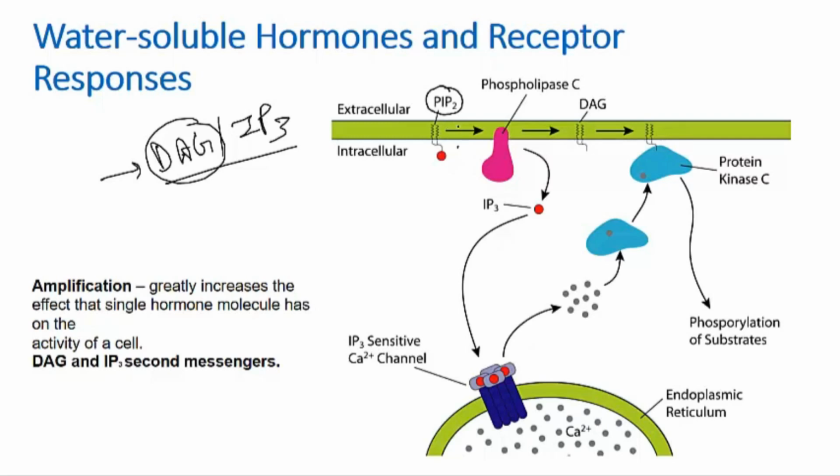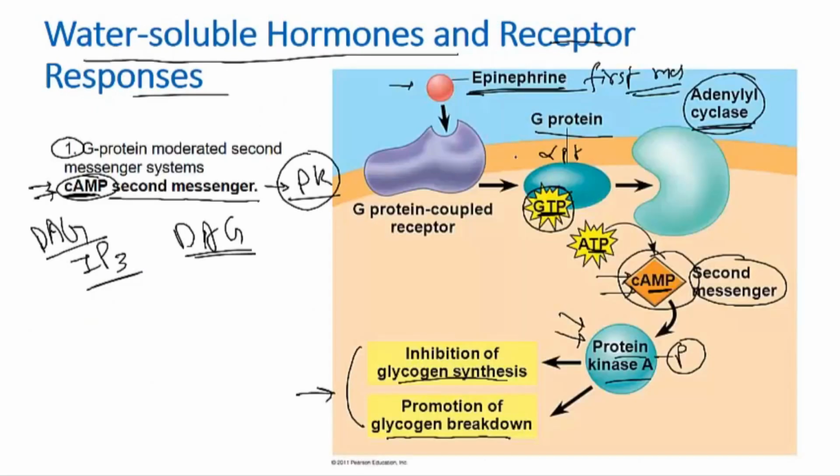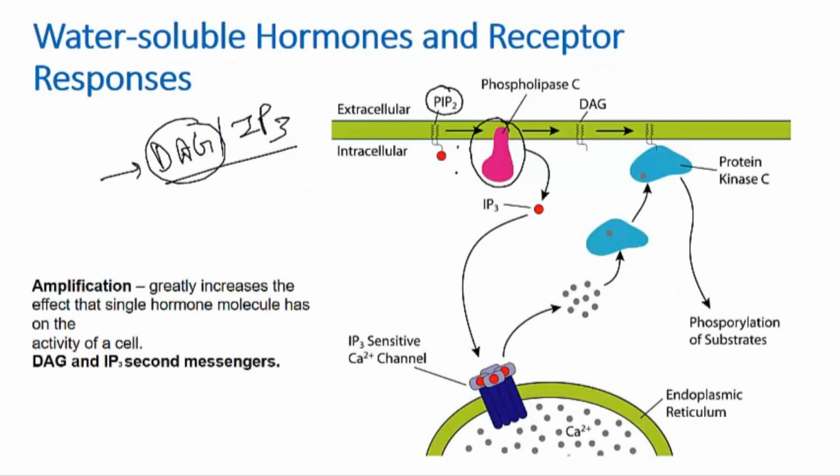Now that activated G protein activates phospholipase C. Earlier we saw the G protein activating adenylyl cyclase, which is also membrane bound. In this case, via G protein, the receptor activates phospholipase C. Okay.